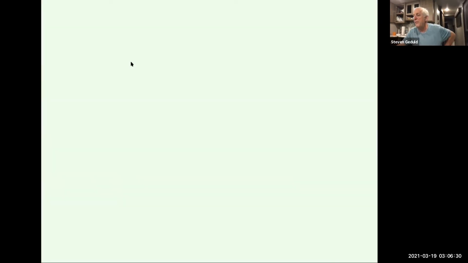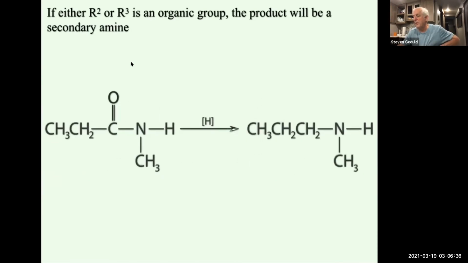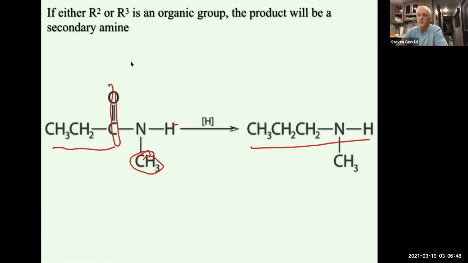If either of those is an organic group, the product will be a secondary amine. So now instead of this, we have a methyl group here. When we replace this with hydrogen, this becomes a propyl group, and this becomes a methyl group. This becomes a secondary amine with reduction. So if both of these were hydrogens, this would be a primary amine.